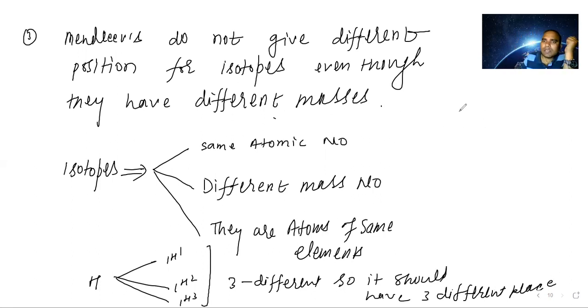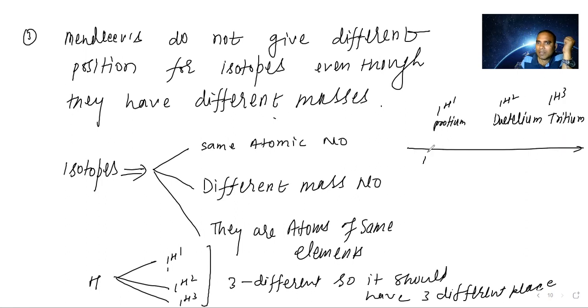Here, 1H1 is called protium. 1H2 is called deuterium. And the last one, 1H3, is called tritium. Although it is the same element, the masses differ, increasing masses.